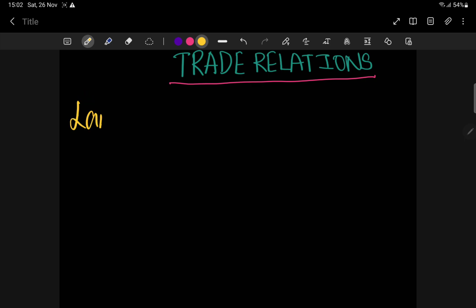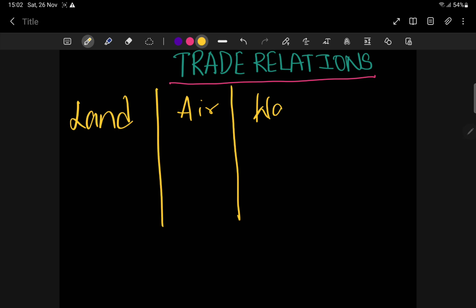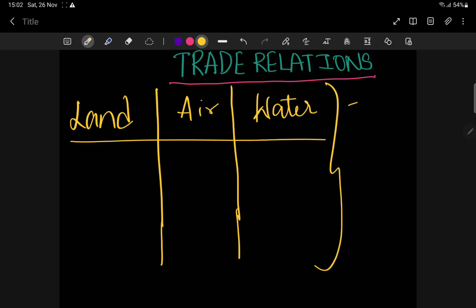One is land, air, water. These are the major types of transportation ways. All right.